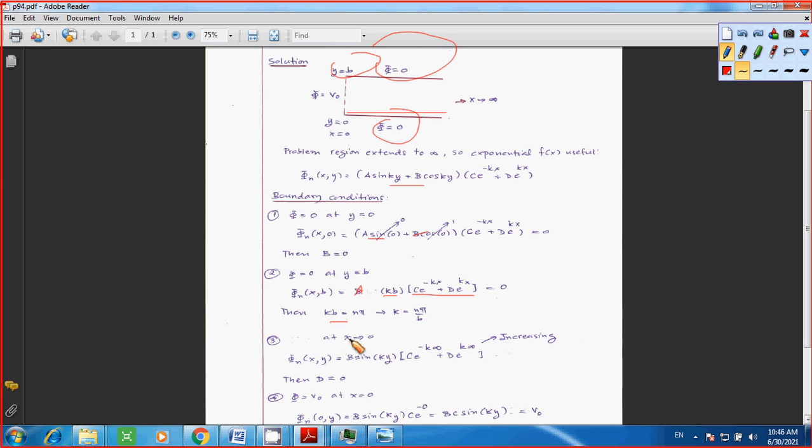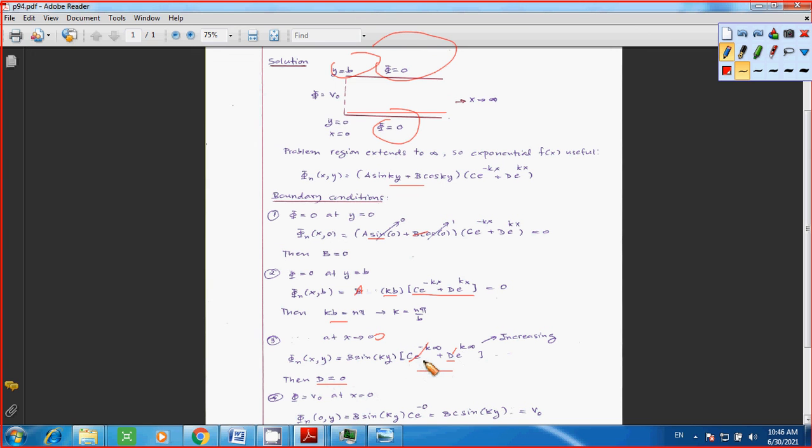Now at x going to infinity, for the x dependent term, you cannot have d, because this term will increase, and that's not allowed. So d has to drop. That's why we have d equal to 0.